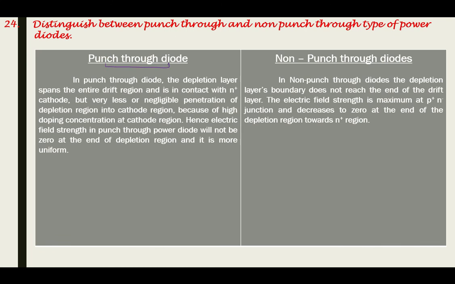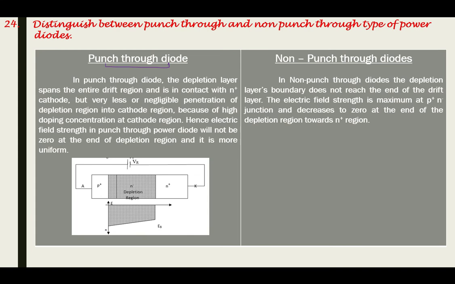Punch through diode. See, I'll just show you the diagram here. A power diode will have a P plus region and an N plus region. In between there is an N minus region. The N minus region is lightly doped, P plus and N plus are heavily doped. Obviously the depletion region will be more towards the lightly doped region. When I say punch through diode, the depletion layer spans the entire drift region.